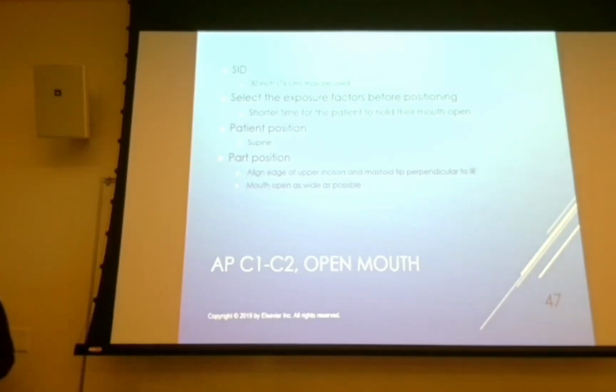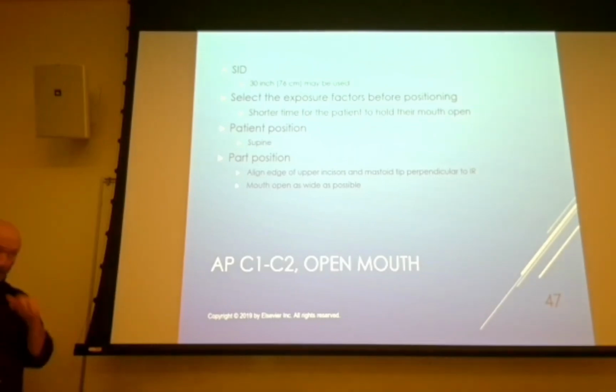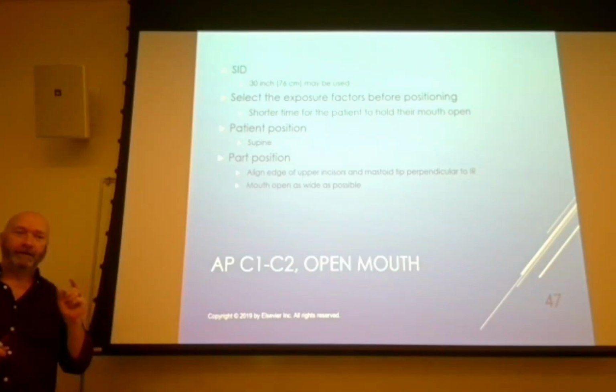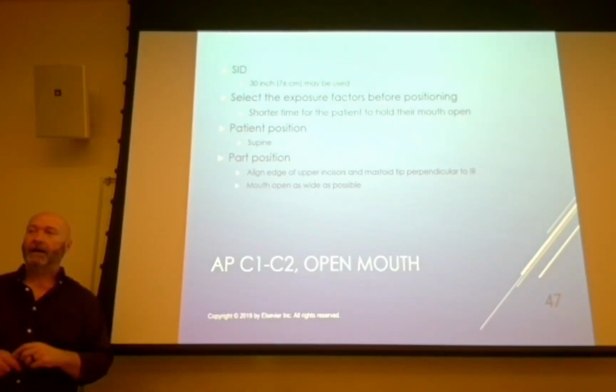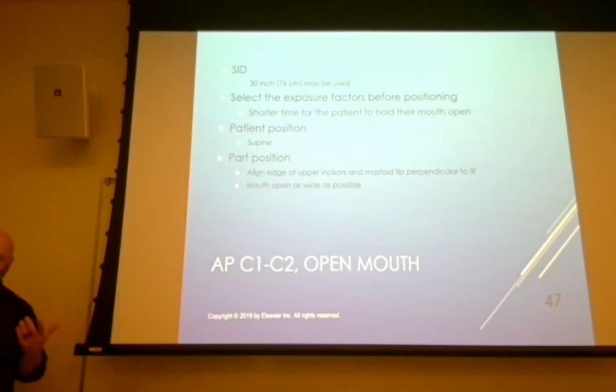Realistically, if the patient has a tongue ring, that might be beneficial. But I've never, in my career, ever had anybody say, I had to repeat my open mouth odontoid because I didn't have the patient phonate "ah." All right. So if you forget that, that's probably going to be okay.